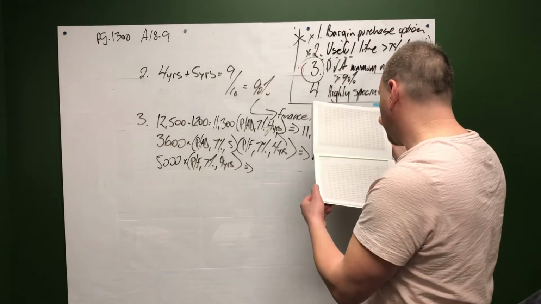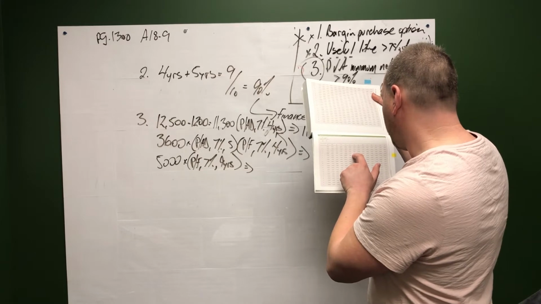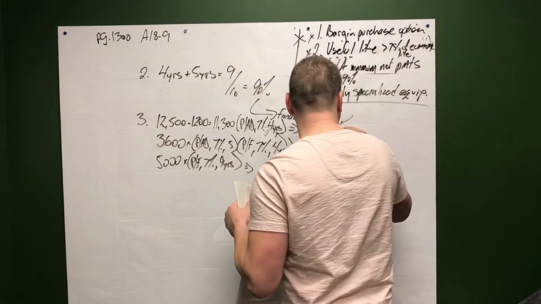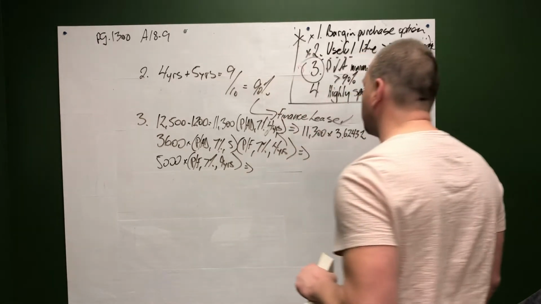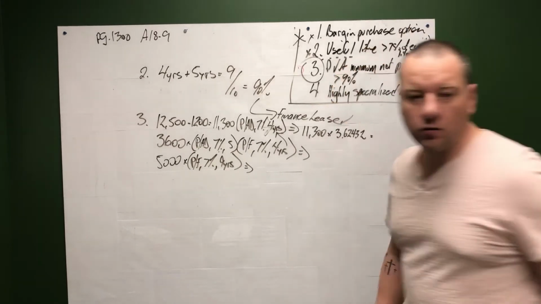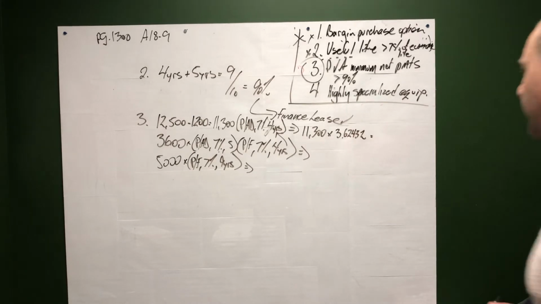So we're at 7% at 4 years, 3.62432. Now, we could calculate that out. What would it be? 40,955.